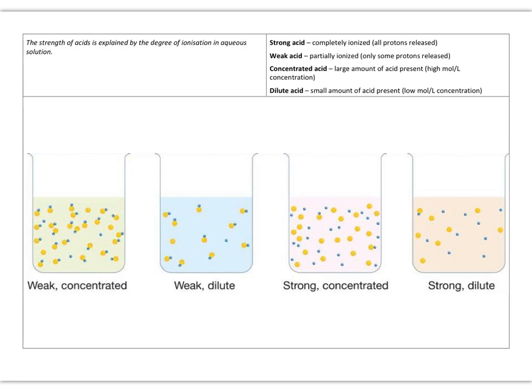So for example, if we have a strong acid, let's do it above this side. When we put hydrochloric acid, which is a strong acid, into water, basically all of the hydrochloric acid will break apart to give us hydrogen ions and chloride ions in solution.